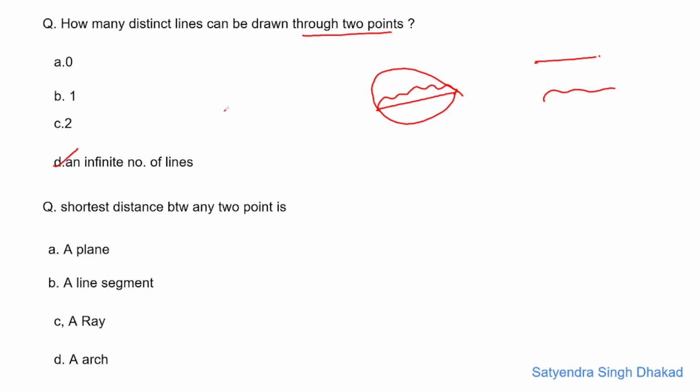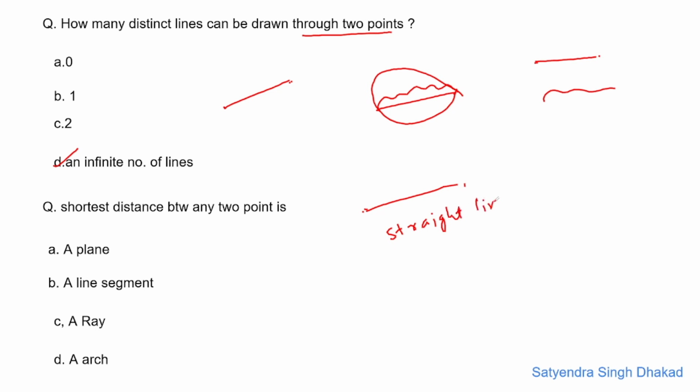But if it's asked how many lines can be drawn through 2 points in which the distance will be the shortest, then it will be a straight line. Shortest distance between 2 points will be a straight line.